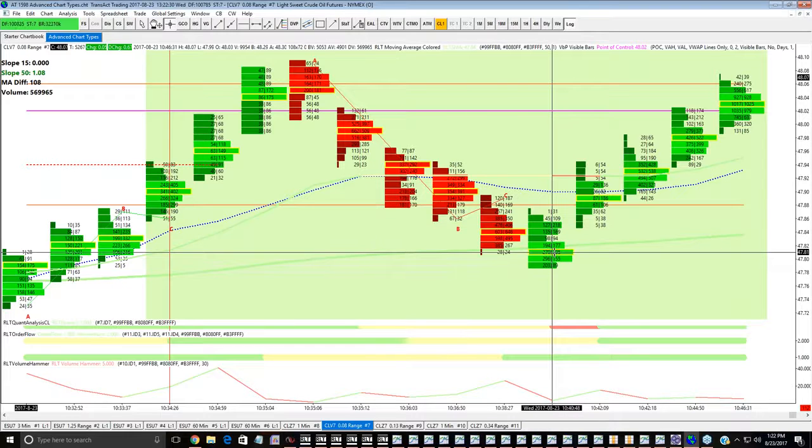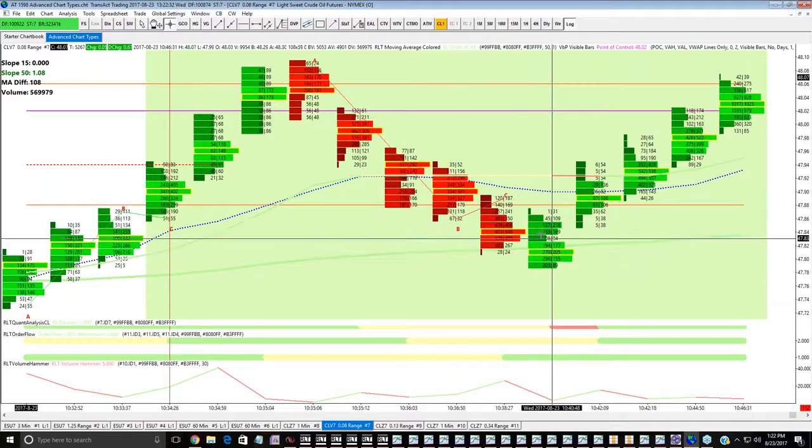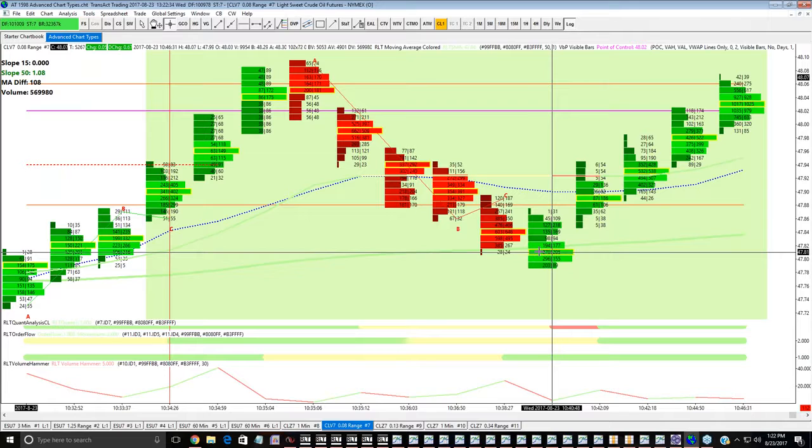And you see the advantage it gave us here. As price came down and hit the 50, we got the most volume, execution, intense buyers came in almost exactly at the 50 to give us the point of control almost sitting right on top of the 50.